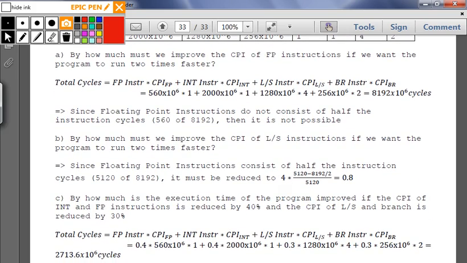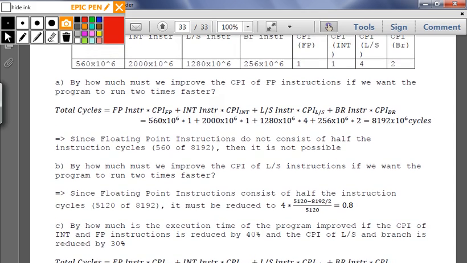Part A: how much can we improve the CPI of floating point instructions if we want the program to run 2 times faster? So what they're saying is, can we improve the overall performance by 2 if we only affect the floating point instructions? So basically, we calculate the total number of instructions required, and it comes out to 8192 times 10 to the 6 cycles, right?